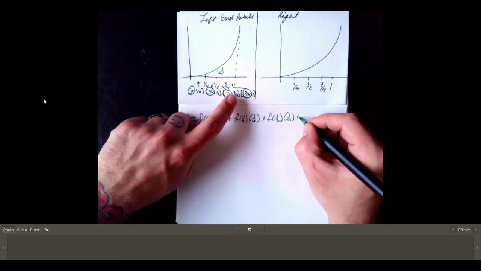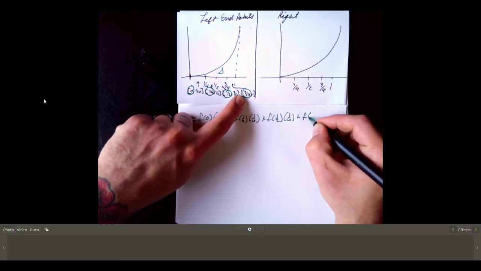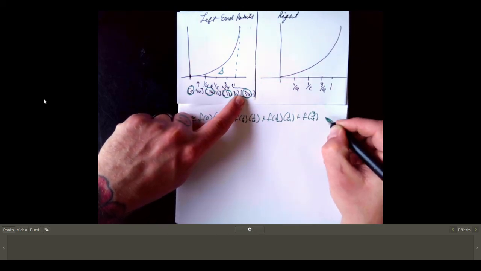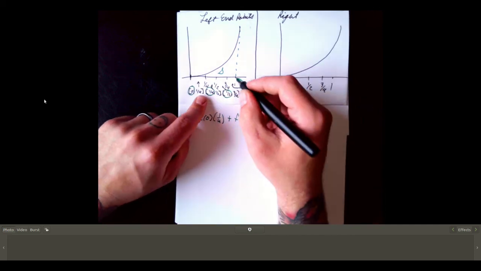And then finally, we'll add the height when x is equal to 3/4 times the width of this section.